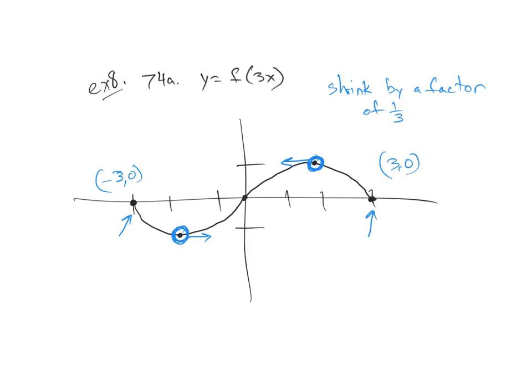So what you do is you take all your x values, because it's a horizontal movement, you're not doing anything to your y's, you would multiply all your x values by 1/3. So what is 3 times 1/3? Right. 3 times 1/3 is 1. So that is going to be right here at 1, 0 now. So this shifted all the way to, not shifted, it shrank all the way to there. And negative 3 times 1/3 is what?